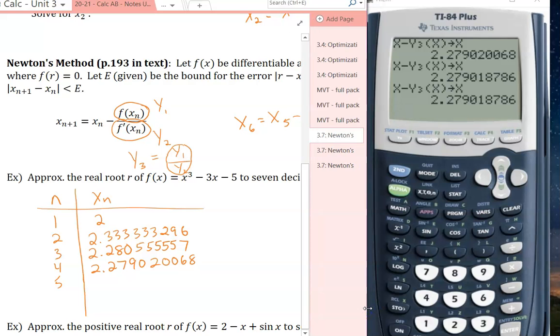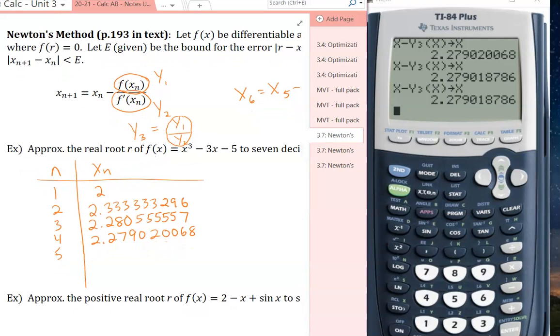Okay. And if you notice, it has stopped changing, okay? This value has stopped changing. That means any change that is happening after this decimal place, meaning I have to be accurate to at least this many decimal places. So let me go ahead and finish that. So that's 2.279018786.